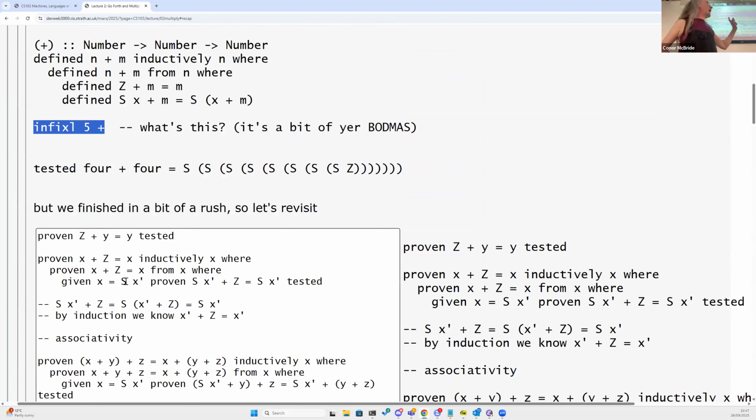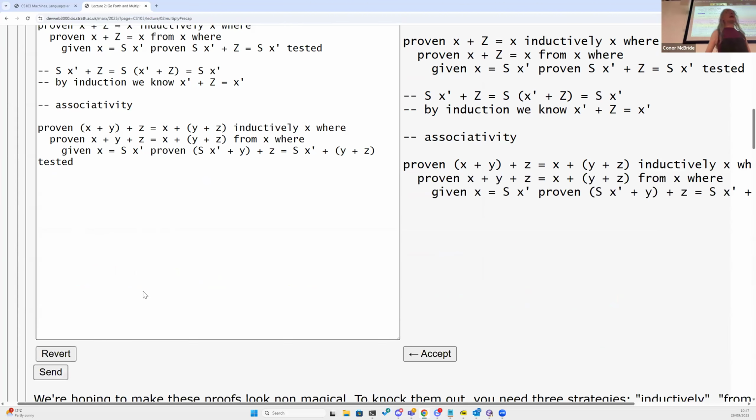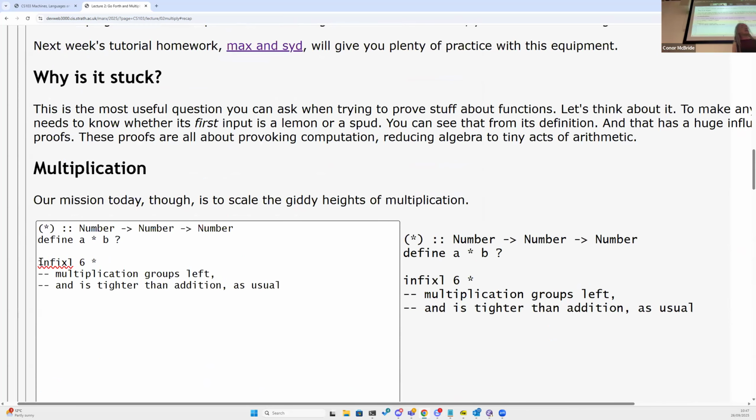I didn't choose it. Ask is based on a programming language called Haskell, which we will teach you next year. And I'm trying to warm you up for it. So this says that plus has priority 5 and it groups to the left. And we're now saying that multiplication has priority 6 and it groups to the left as well.